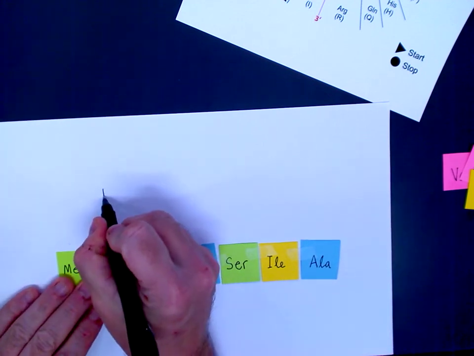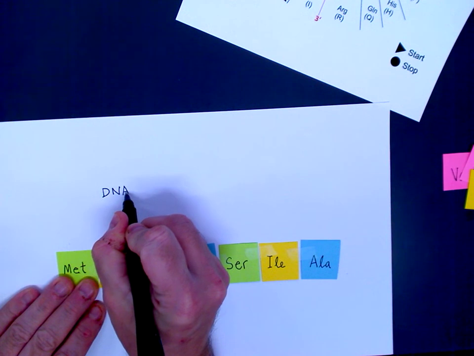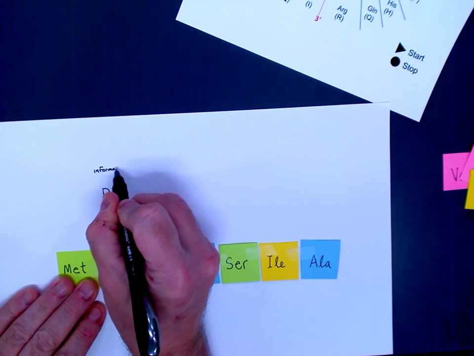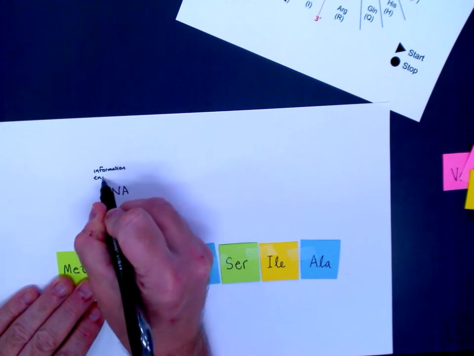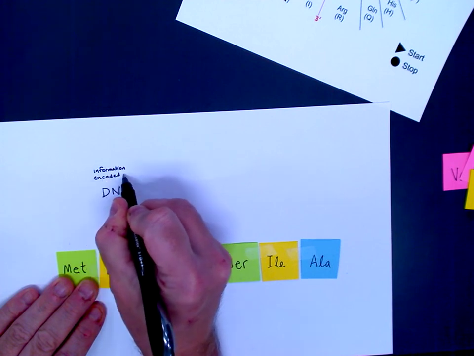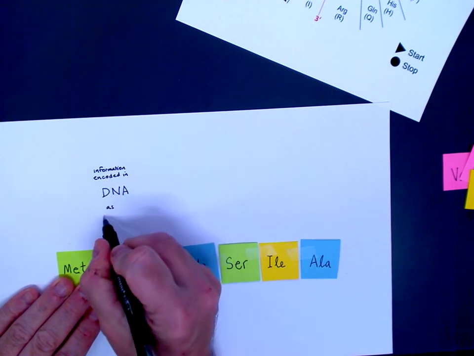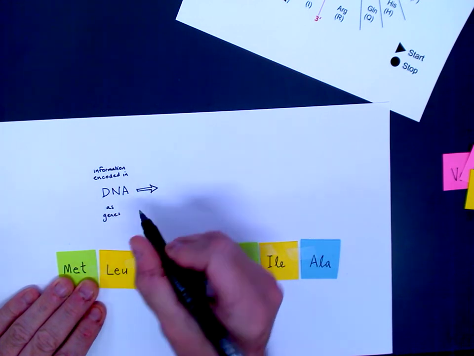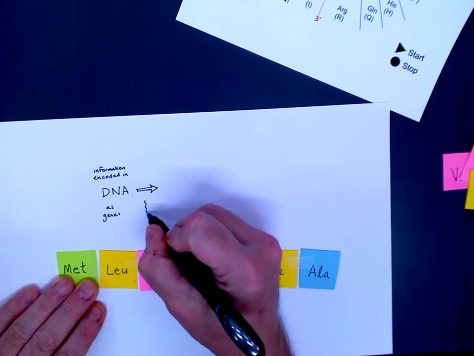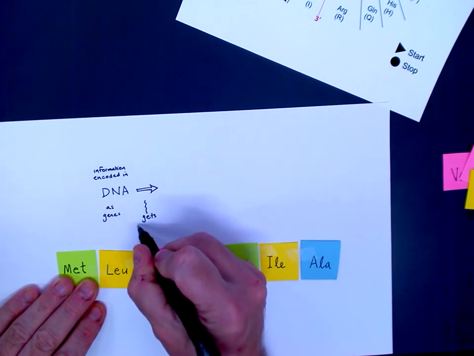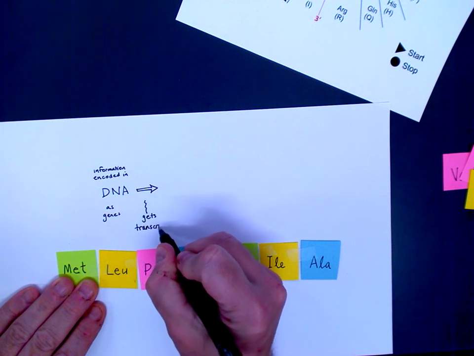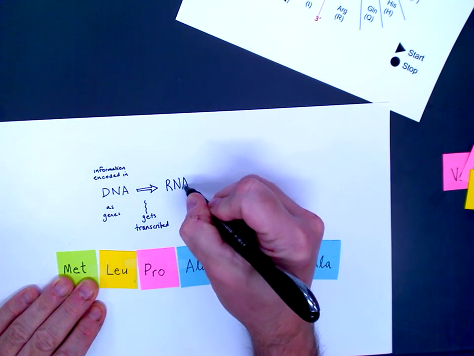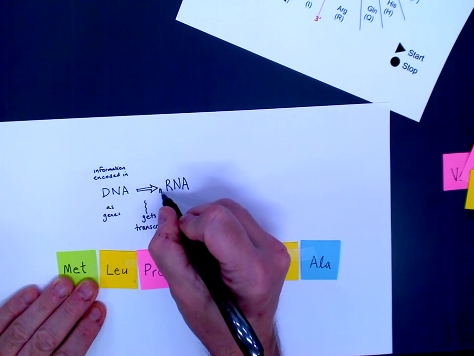And the Central Dogma states that information encoded in DNA as genes gets transcribed as RNA, in this case specifically messenger RNA, that's its job.